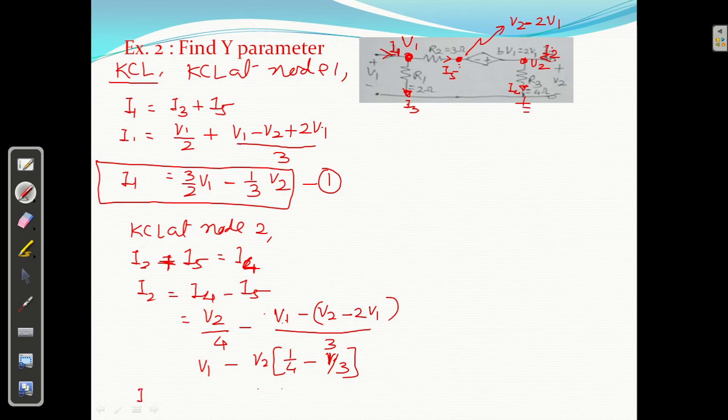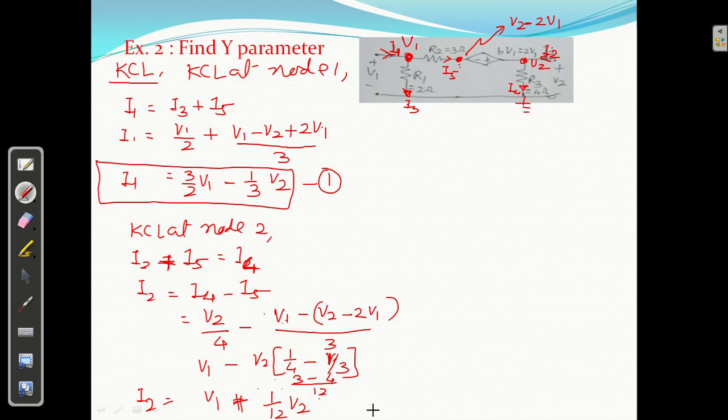So I am getting I2 equal to V1 minus, LCM 12, so 12 by 4 is 3, minus 12 by 3 is 4, so minus 1 by 12, minus minus plus 1 by 12 V2.